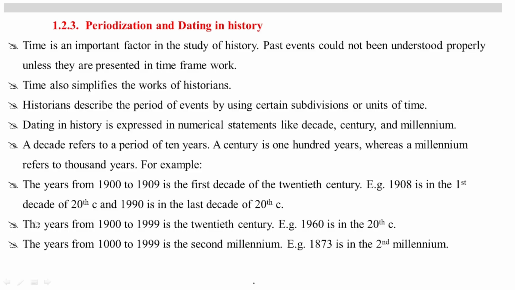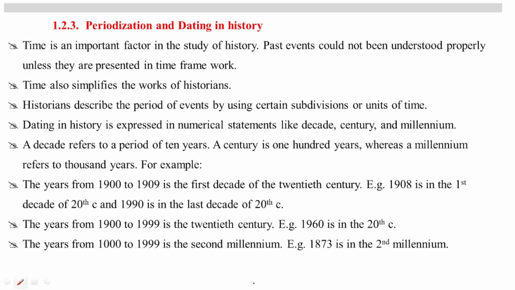Kan biraa immoo, the years from 1900 up to 1999 are the 20th century. For example, 1960 is in the 20th century. Kan biraa immoo millennium. The years from 1000 to 1999 are the second millennium. For example, 1873 is in the second millennium.